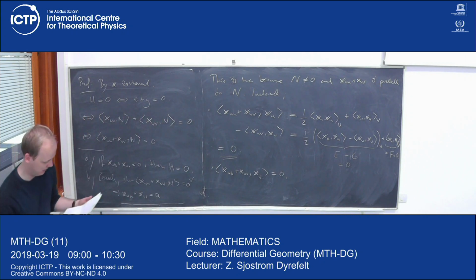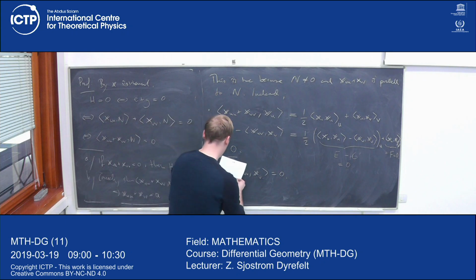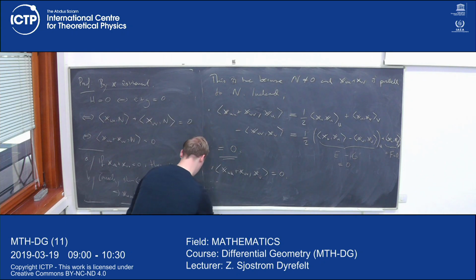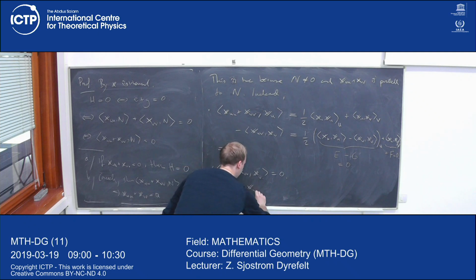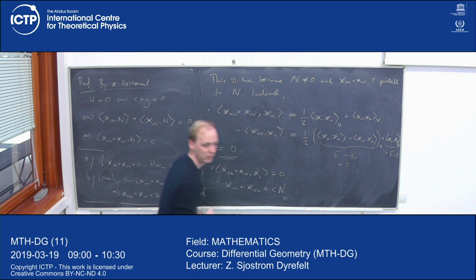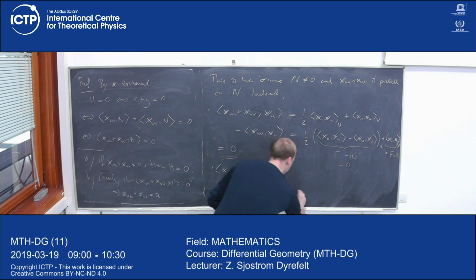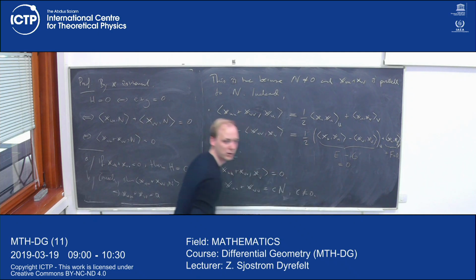So it's parallel to the normal. Hence x_uu plus x_vv is equal to some constant c times the normal vector, where c is some constant.